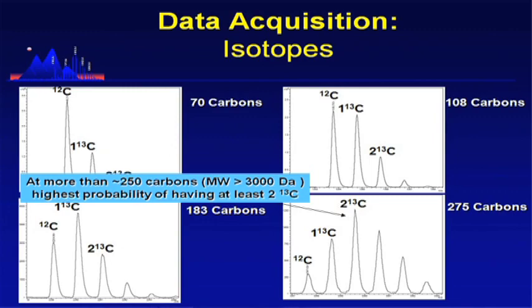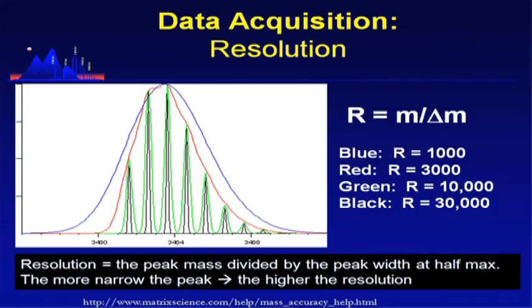But once you exceed the ability of your mass spec to distinguish the resolution between the isotopes, you can no longer measure this monoisotopic mass. Okay? So once this goes into the noise and you can no longer detect it and distinguish it from the others, that's the end of your mass range for peptides. Okay? In terms of measuring accurately the monoisotopic mass. So this introduces the concept of resolution.